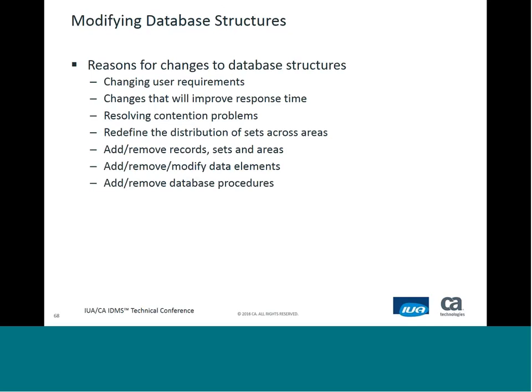Finally, one of the other things that we will talk about quickly are database procedures. Database procedures are exit routines within the database management system that you can code to perform different types of functions, and we'll talk about those in more detail later on within this section. But it may be necessary to add those procedures or remove them as, once again, the user or application requirements indicate.